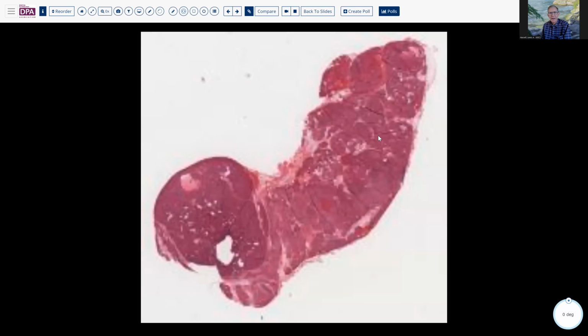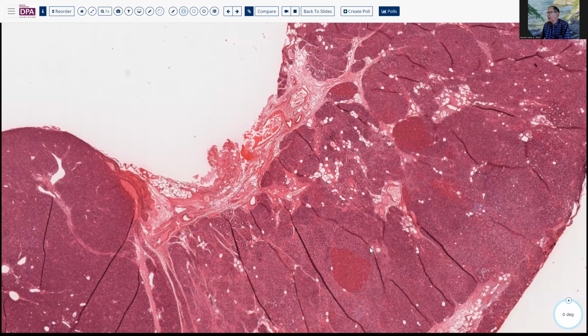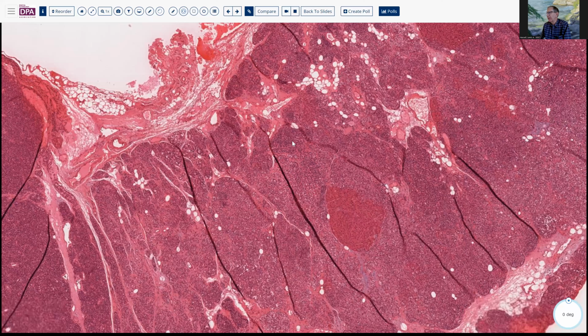So what does this look like under the microscope? Well, here's another example. Here again, we see some nodularity. We don't see any peripheral rim of normal gland here. We do see a little bit of residual parenchymal fat here, but certainly markedly reduced when you compare to what we looked at initially.